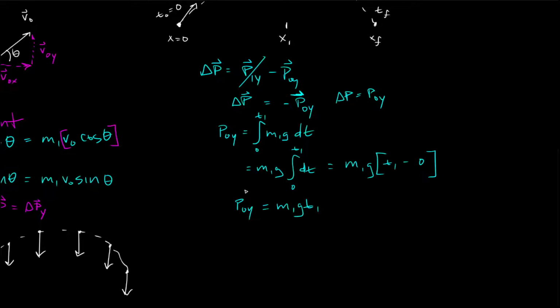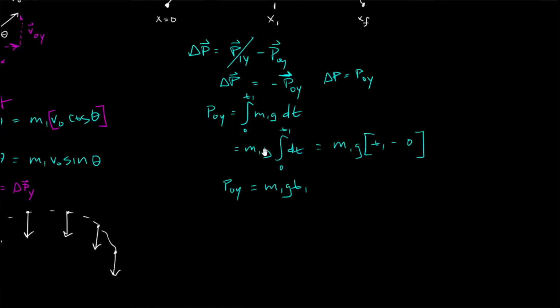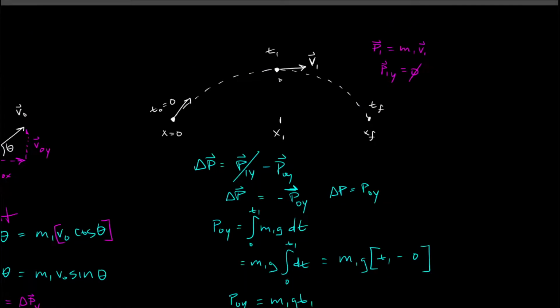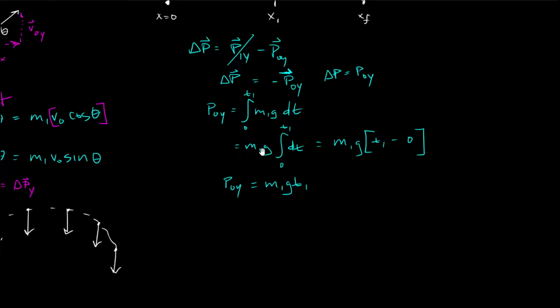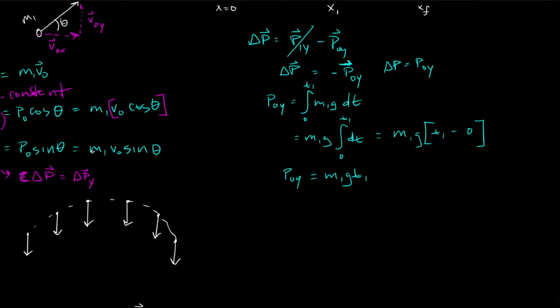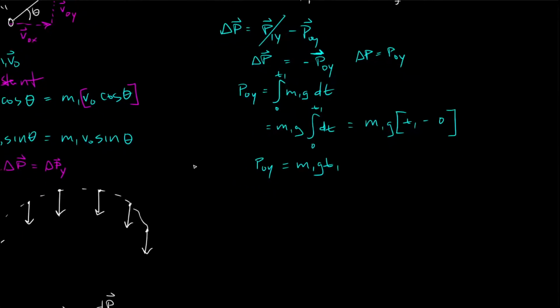Now we want to use this equation to solve for the time it takes for our net force to give us a change in momentum equal to P naught y, which will be the time at which our object is at this point. So we can substitute our equation for P naught y in terms of m, v naught, and theta.